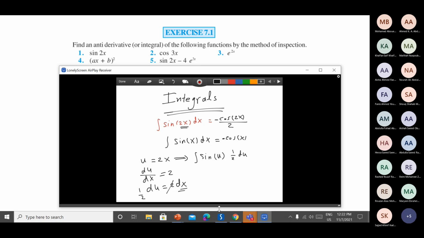Now take the half outside, so the integration of sine u du is minus half cosine u plus the constant. Get back to the normal. What's your u? u was 2x. I used u just to use the table. So I will have minus half cosine 2x plus c.